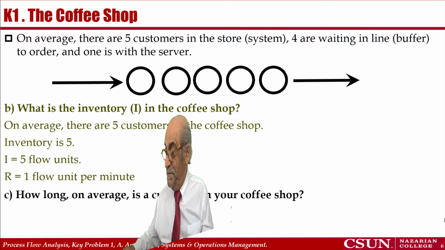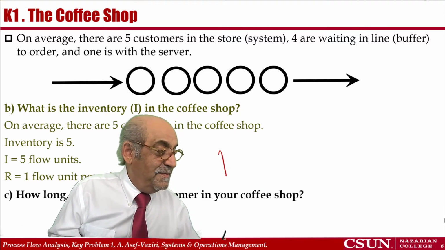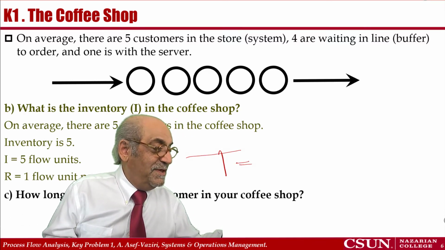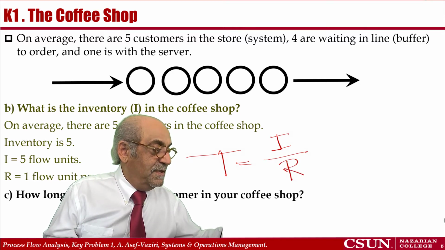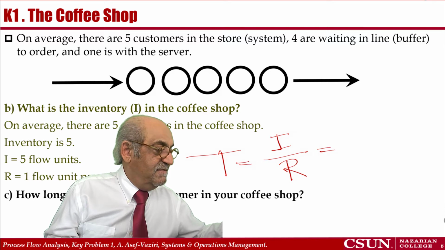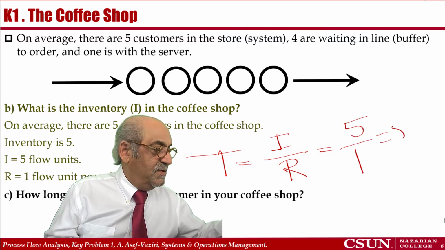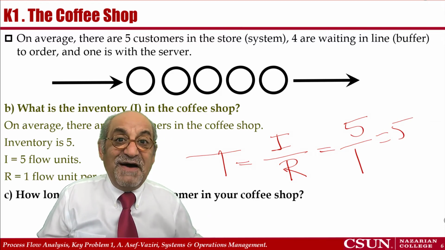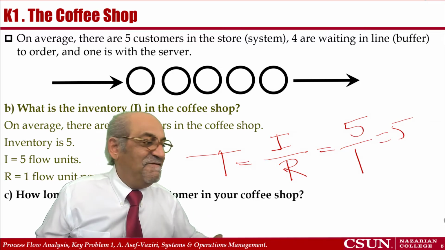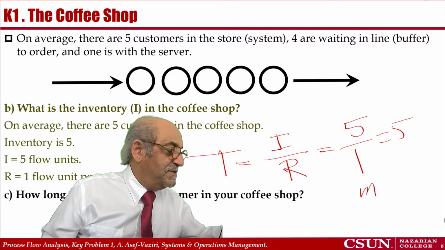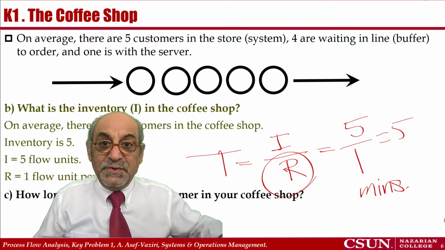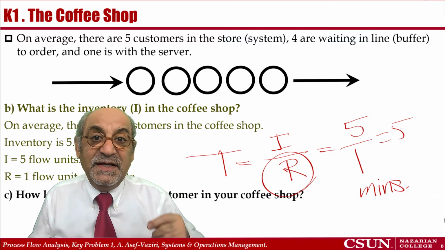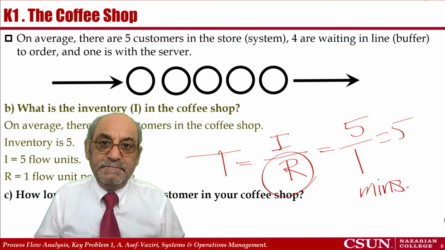Therefore, flow time is equal to inventory divided by throughput, and that is 5 divided by 1, which is equal to 5. 5 what? 5 minutes. Why? Because this throughput is in terms of units per minute.